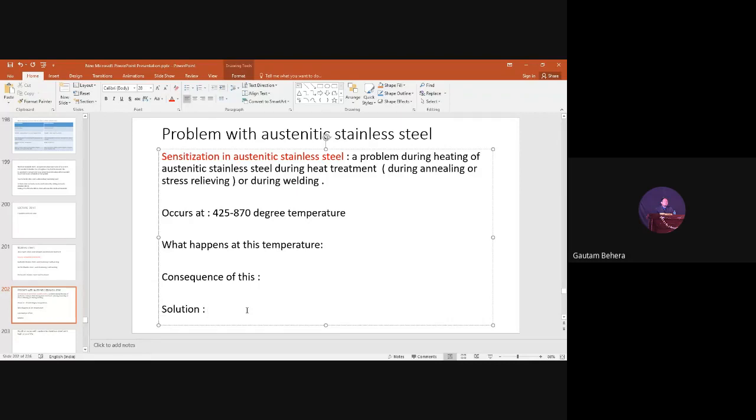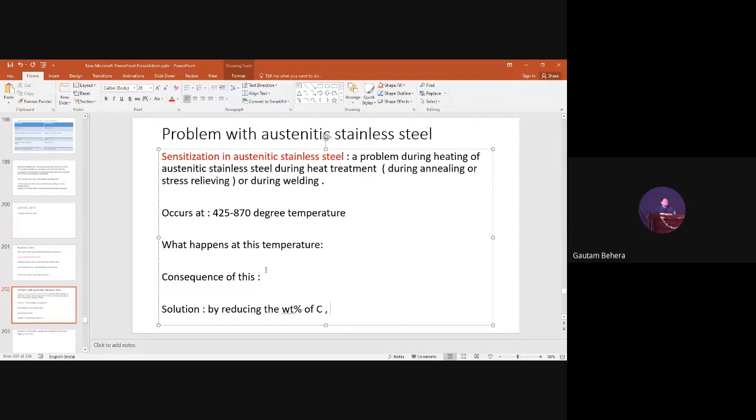Because more carbon means more formation of chromium carbide, and less carbon means fewer chances of chromium carbide formation. So this is one of the solutions, by reducing the weight percentage of carbon.